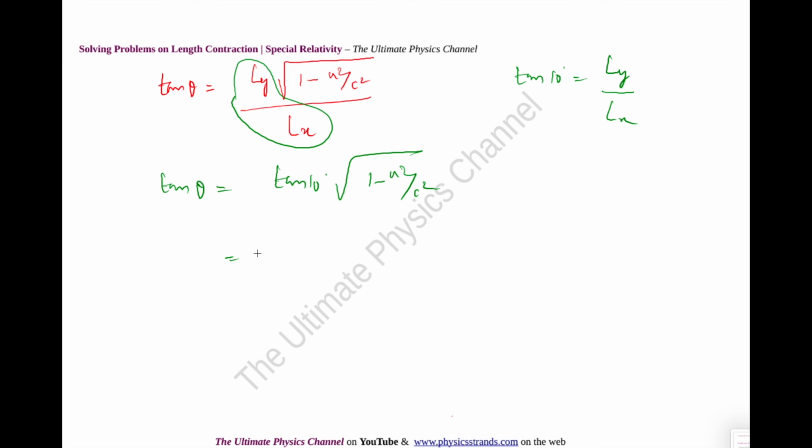0.176 times square root of this, which is 1 minus 0.49, because 0.7c is the relative velocity. So that is 0.176 times square root of 0.51, that is 0.714.